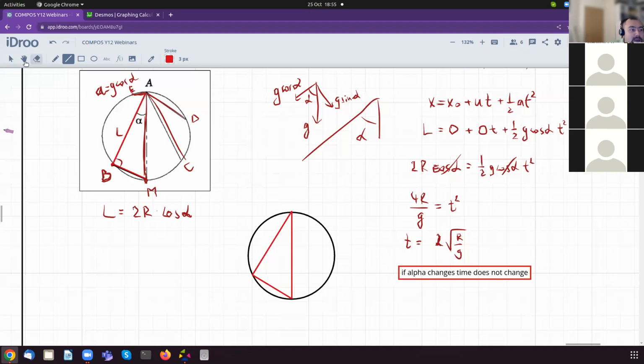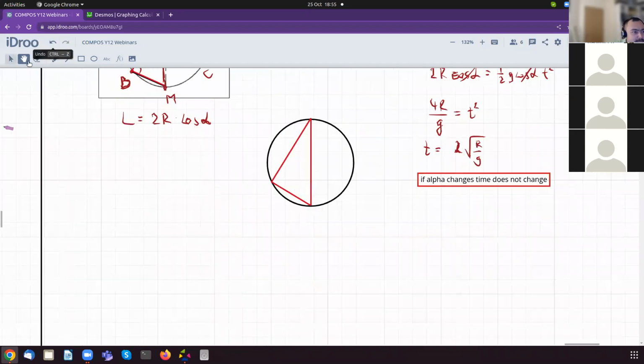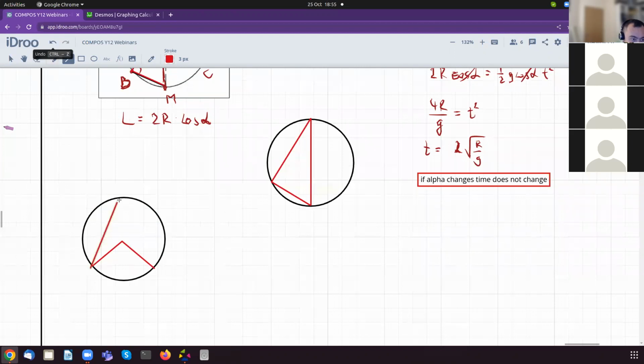Okay, and it has a beautiful proof, I'd say. You start with saying, you know this circle theorem, right? And you know that if this is alpha, this is 2 alpha.